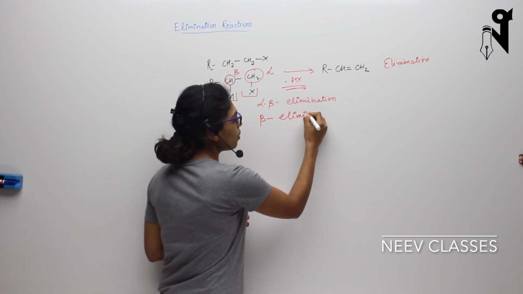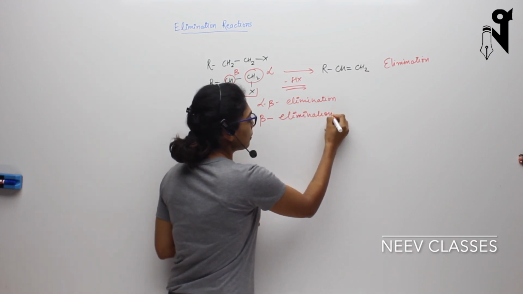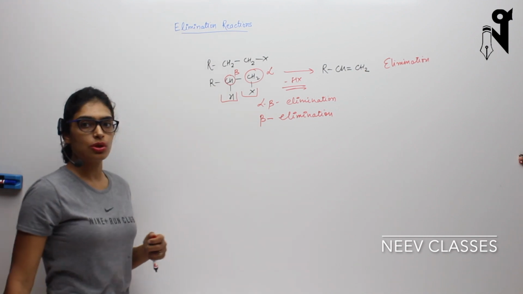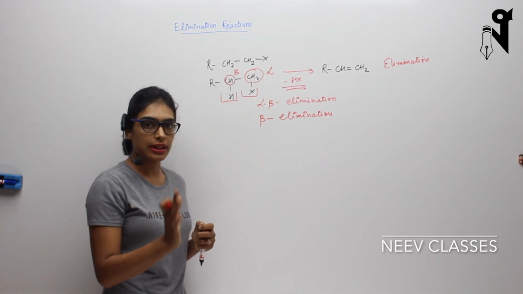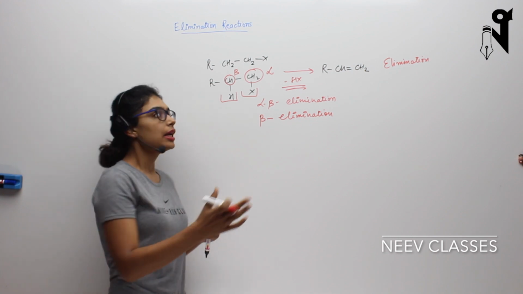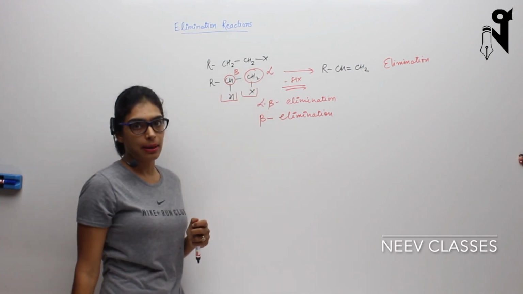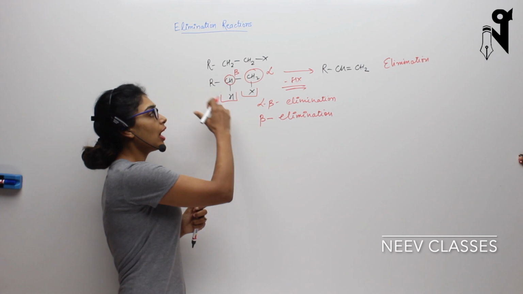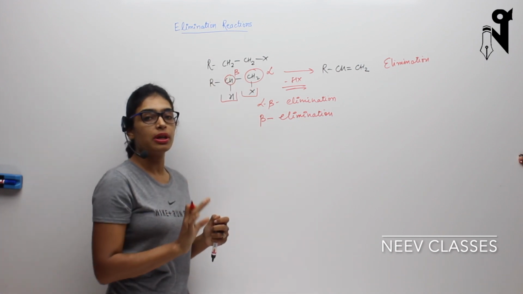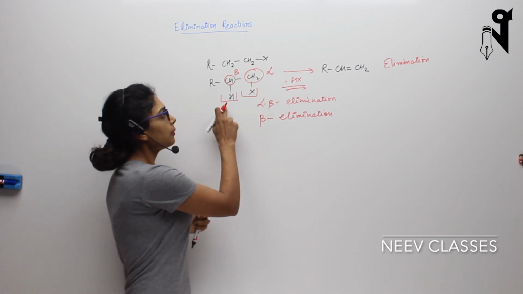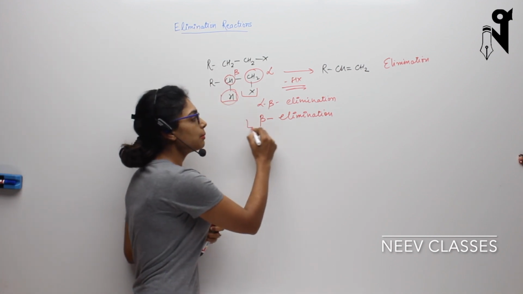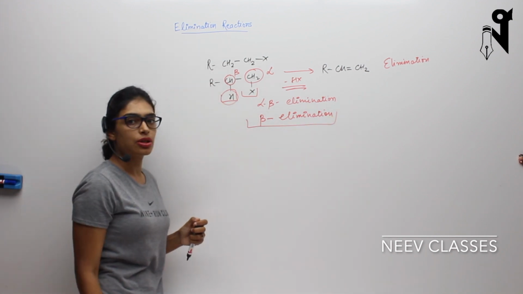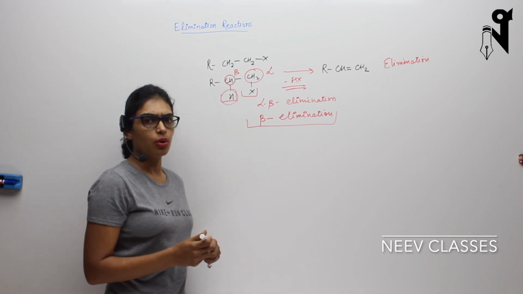Because we are more focused on the hydrogen on the beta position, since X we already planned to remove. When a nucleophile or a base is attacking, it is going to replace this X in some manner. But when the hydrogen also gets removed and the compound becomes an alkene, the role of the beta hydrogen comes into the picture, and hence this is more often called beta elimination.